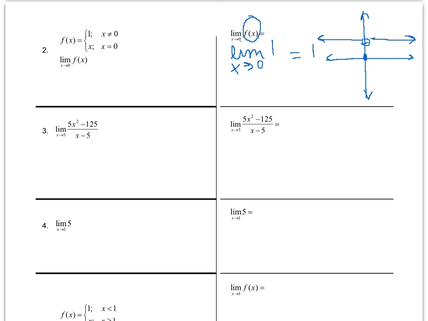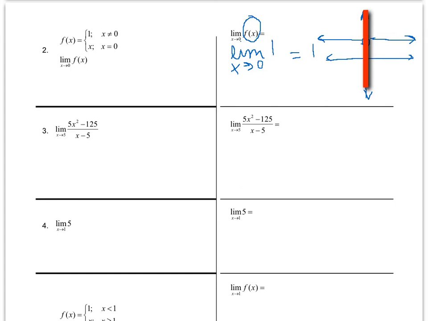If you use your little hide and seek strips like we had done before, that is not at all a hide and seek strip. Let's try that again. I am looking for a rectangle. There we go. And I want to click and drag that over. If you look at this from each side, as you approach, you're getting a y value of 1. So that's why that has a limit of 1.